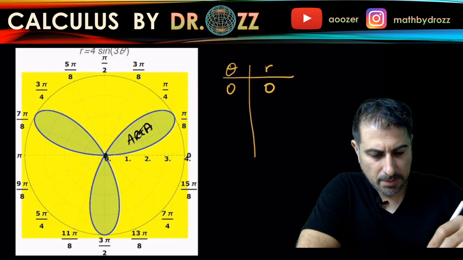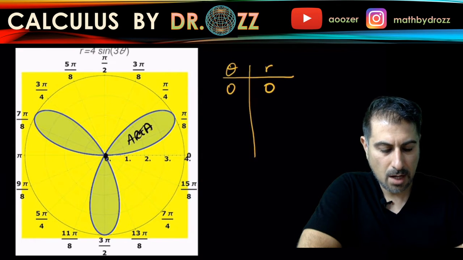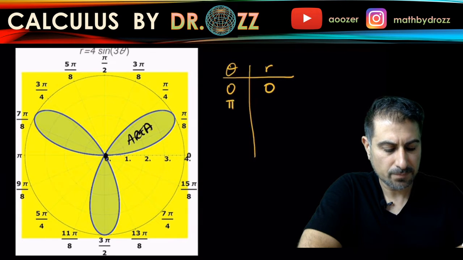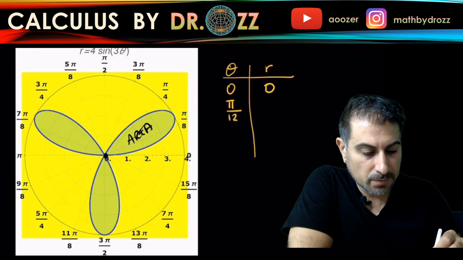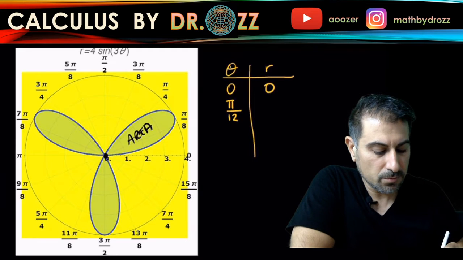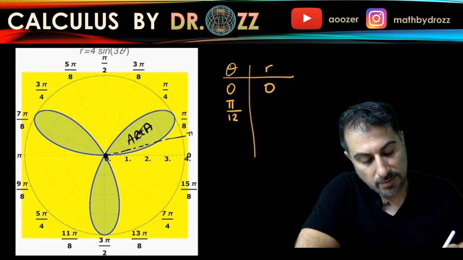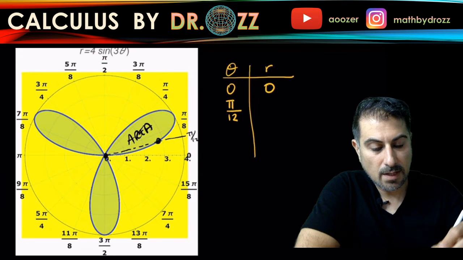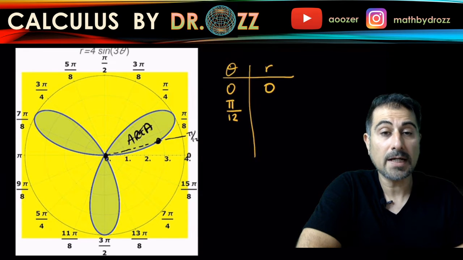And then let's go to theta equals, let's see, pi over 12, okay? Pi over 12 is even right here. So if you want to have a ray over there, this is pi over 12, and I want to get this point, obviously. So what is that point exactly? This is 4 times, go ahead and punch in 4 times sine of 3 times pi over 12.